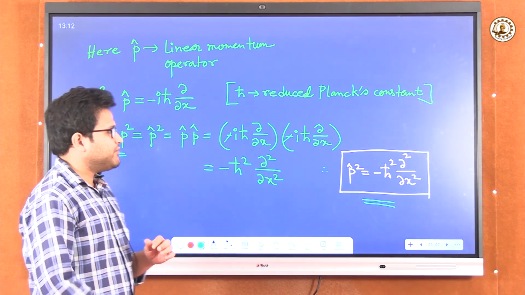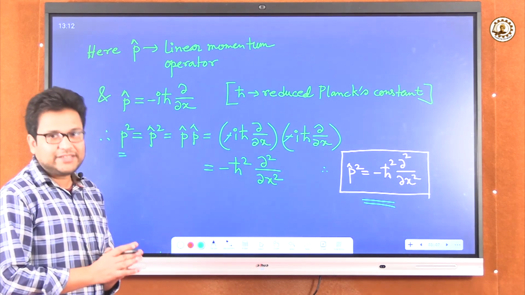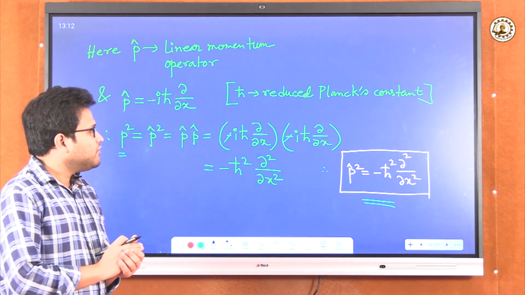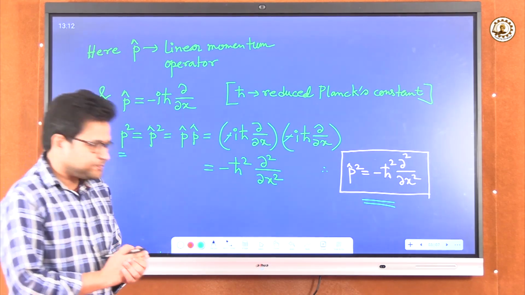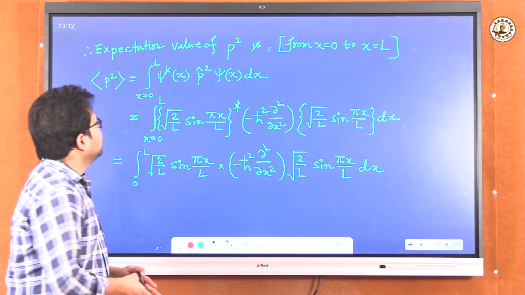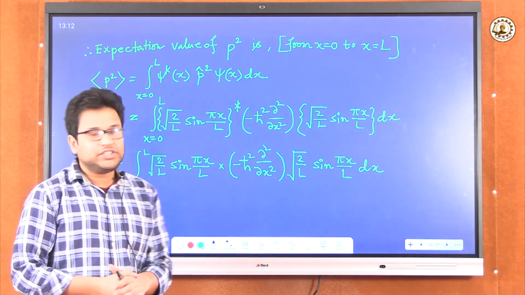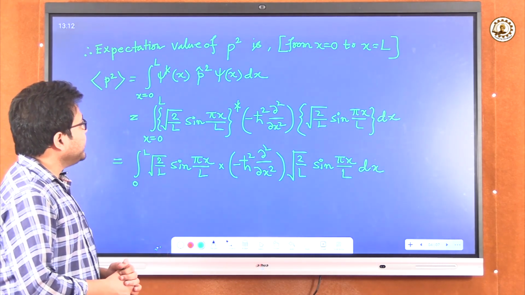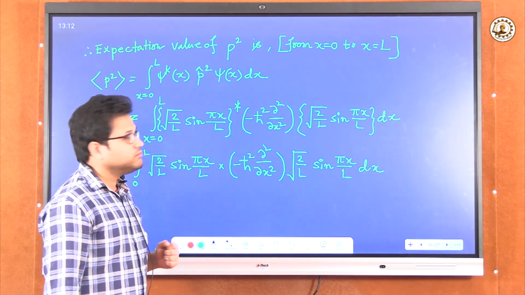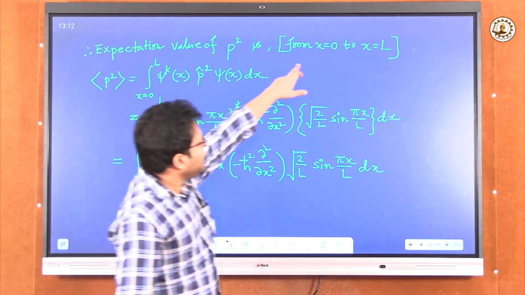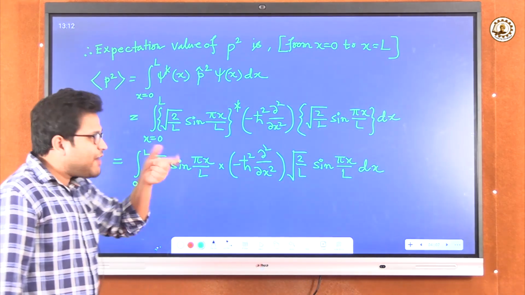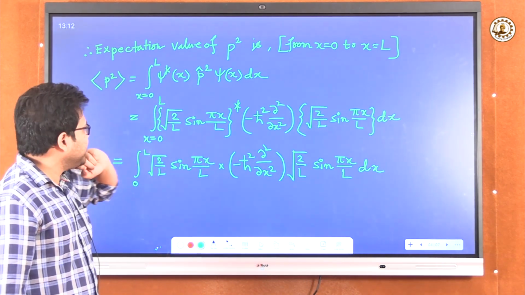So we have already evaluated the expression for p squared. Now we are going to calculate its expectation value for the given wave function. Therefore, the expectation value of the given operator, that is for the dynamical variable p squared, is between the range from x equals 0 to x equals L. So we have to fix the initial and final limits.